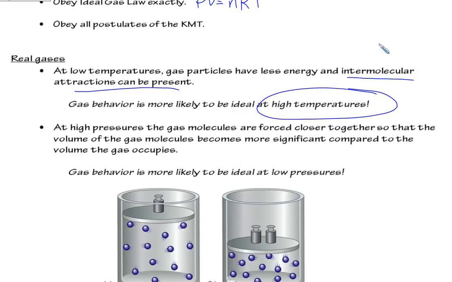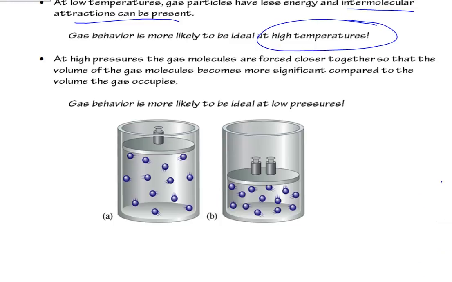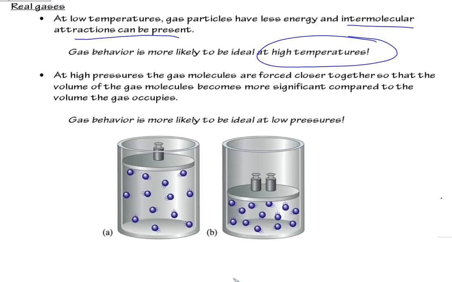This other option, at high pressures. Think about what happens at a higher pressure. As you increase the pressure, we decrease the volume. So here I'm increasing the pressure and decreasing the volume.